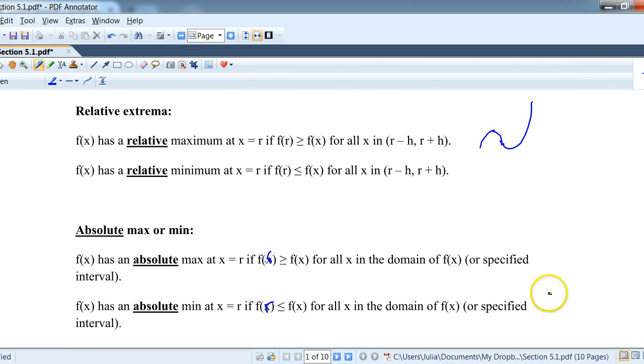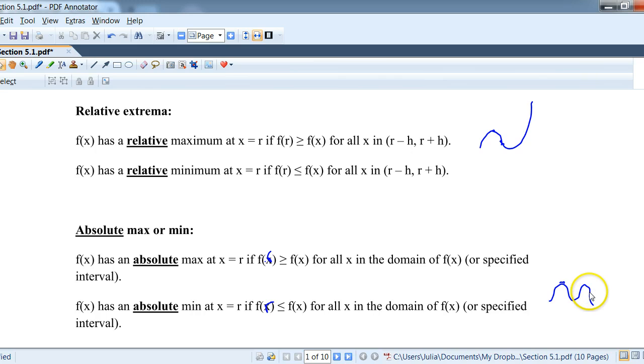Now, something to keep in mind is that you may have more than one absolute maximum if you have points that have the same y. Let's say you have these two maximum points and they have the same y, whatever it happens to be. It's really the same absolute maximum, but it may occur more than once. For example, y equals 100 at x equals 2 and x equals 5.